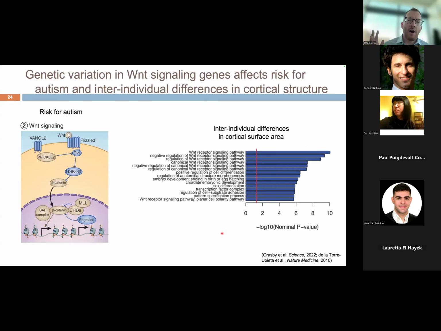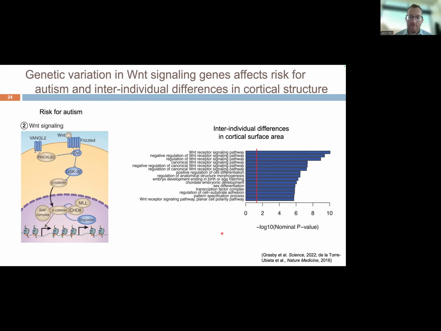Okay, so our stimulation paradigm for doing G by E's in a dish, of course, we need to stimulate with a relevant pathway that's important for neural development and cortical structure. So we've been focusing on the canonical Wnt pathway for several reasons. First, stimulation of the Wnt pathway is known to affect neural progenitor proliferation and patterning in the developing brain.